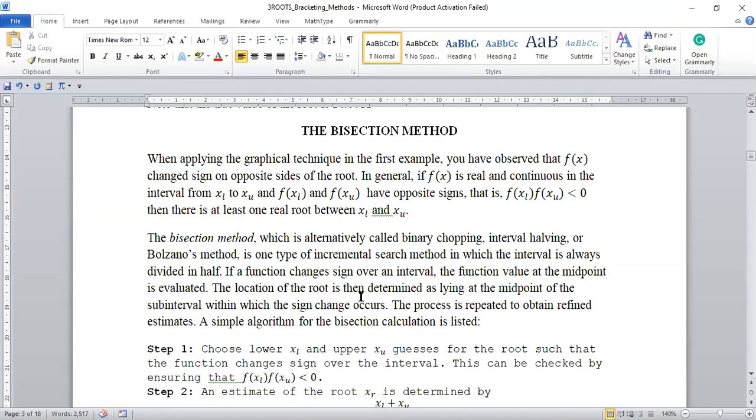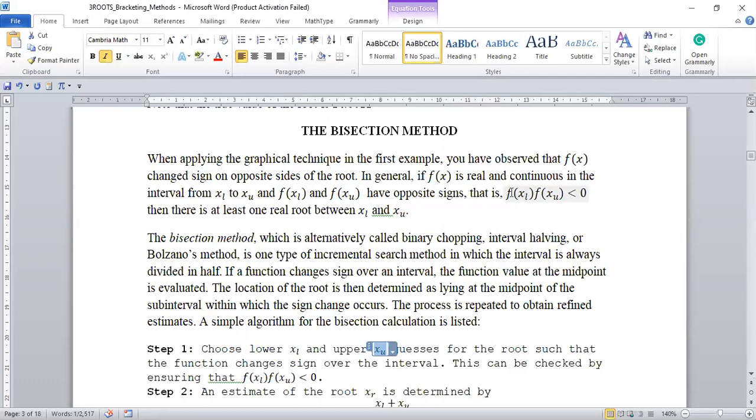If you are not given the two guesses, you use the graphical approach to guess the two values. The lower limit is the value of x when the function is positive, while the upper limit is the value of x when the function is negative.